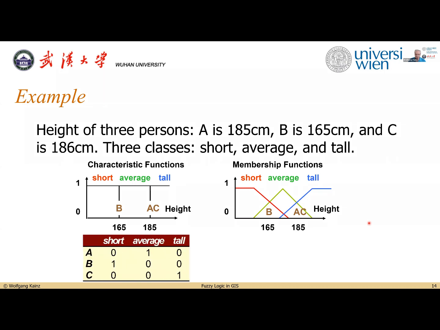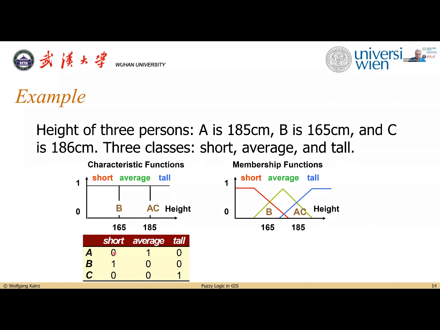So if we look now at our 3 persons, and let's look at the left-hand side where we are using the characteristic function, meaning we can only have a membership yes or no to a certain class. Then person A with a height of 185 will fall into the average class, because we said the class boundary is closed to the upper value.